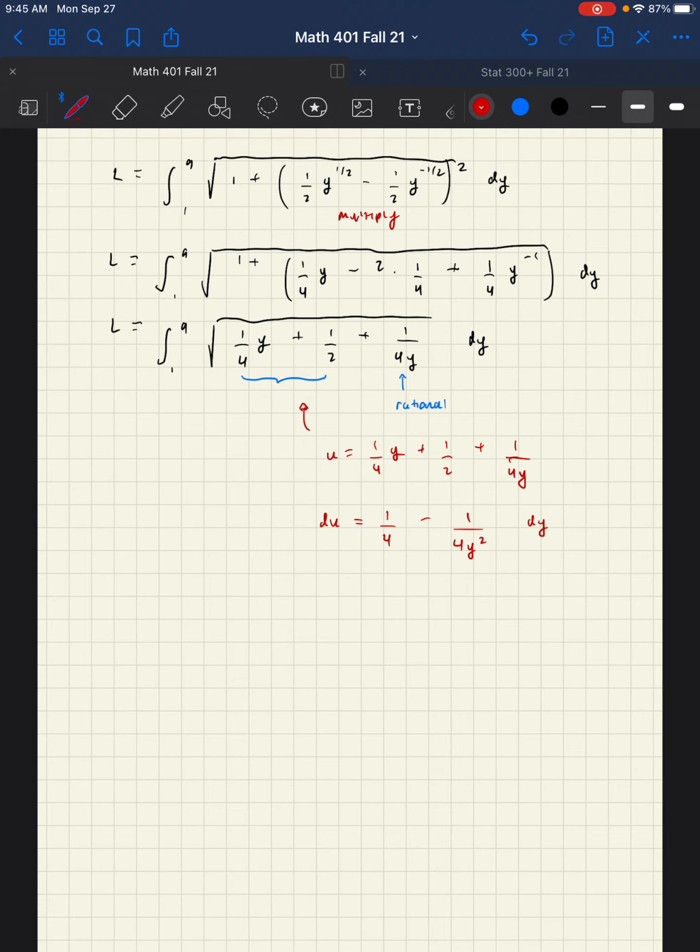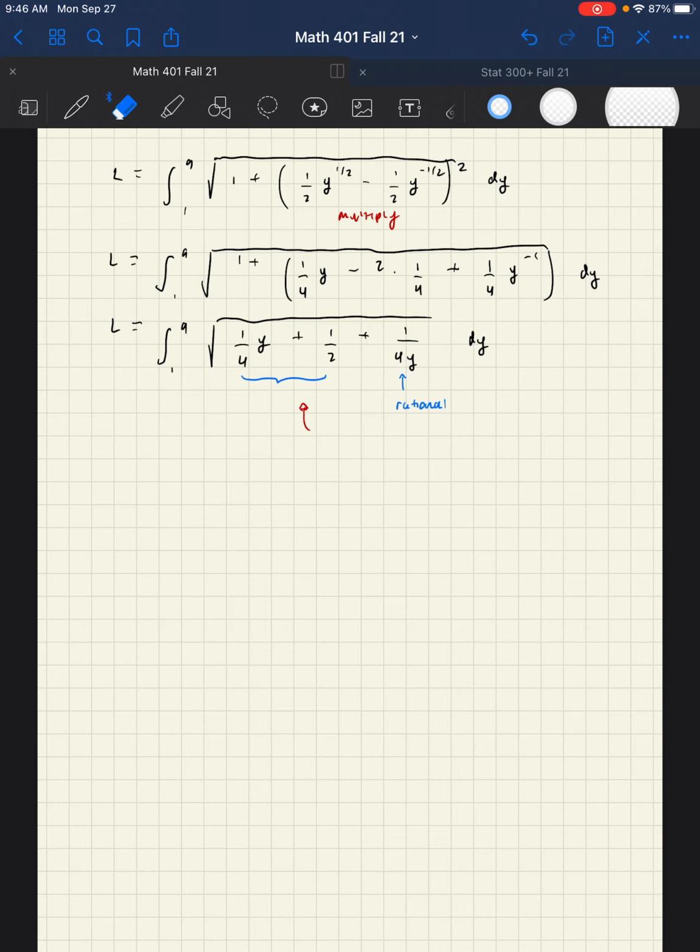And then du would be 1/4 minus 1/4y squared dy. The only issue here is we do not have a y outside the square root. And so if we wanted to replace dy, we couldn't do so without leaving behind a y squared. And so this might not work.